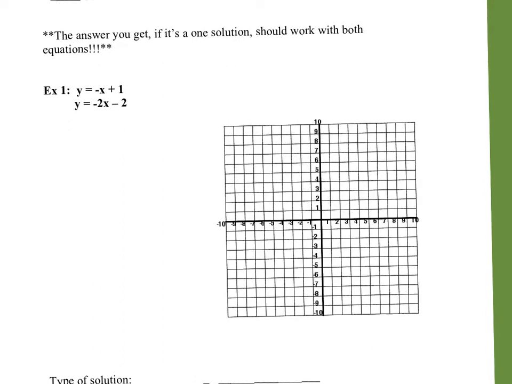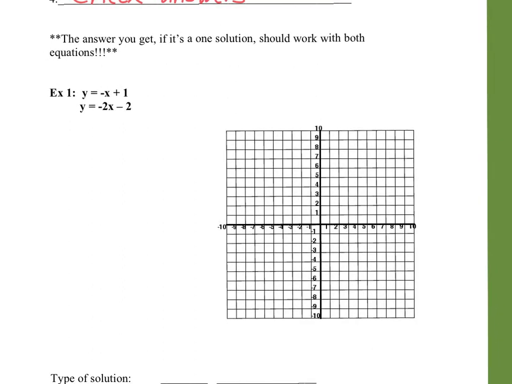So I'll show you what we mean. So first off, my very first step is to do what? What does it say? Graph line 1. So this very first line is y equals negative x plus 1. So how would I graph that? What's the b value? 1.